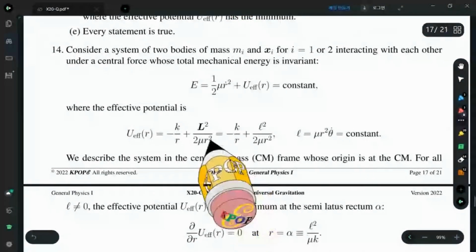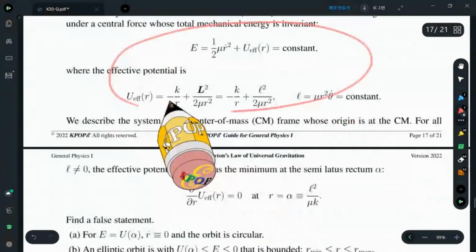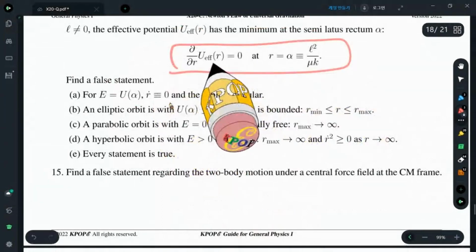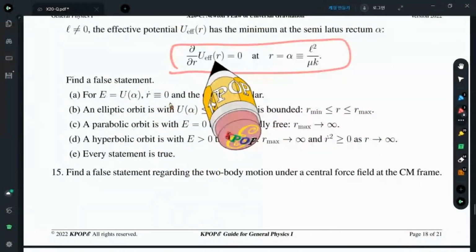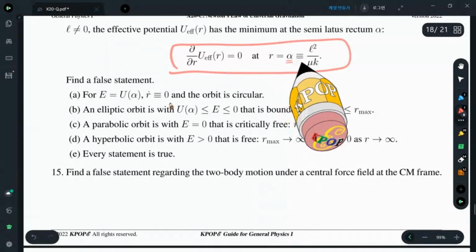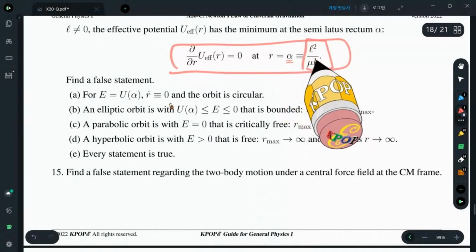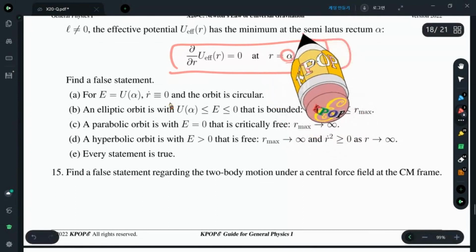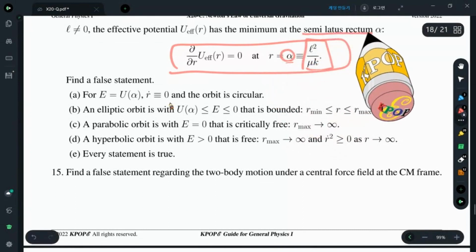All right, we repeat this one. We have found that this stable point, the equilibrium point, is the radius of the circular orbit that is completely determined by the orbital angular momentum, and it is called the semi-latus rectum.